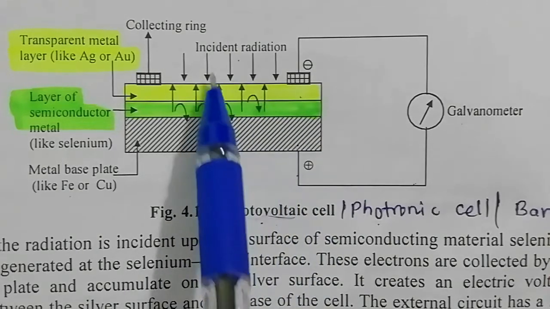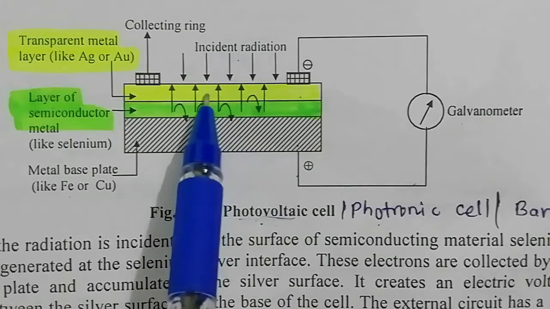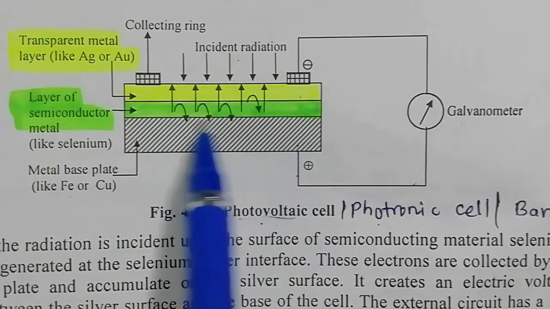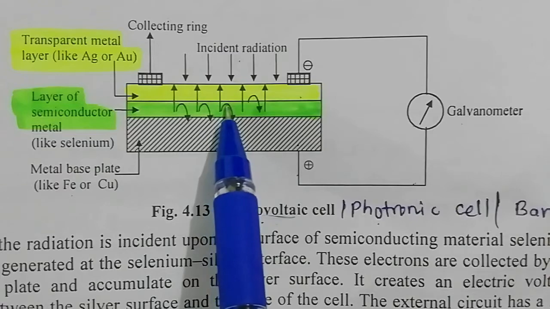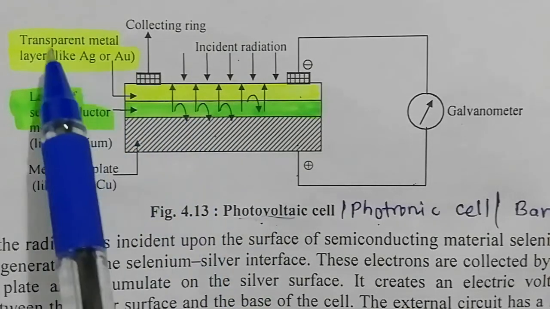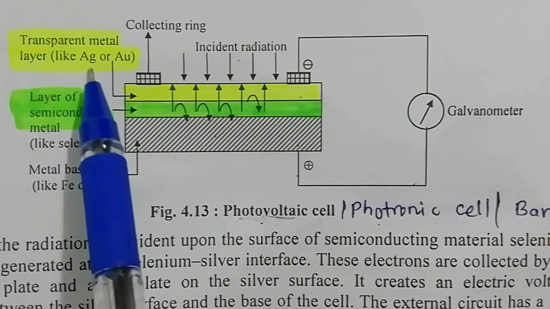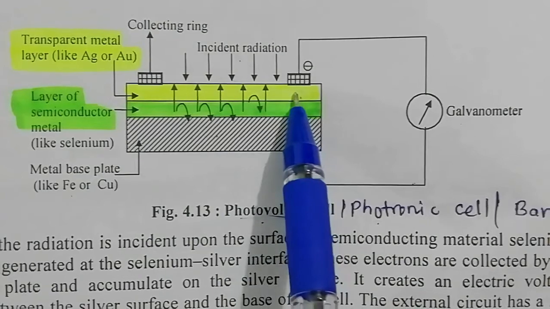Now the transmitted light emitted from the sample holder falls on this semiconducting material, and as soon as the light falls on this material, photoelectrons are generated. These photoelectrons are accumulated over this transparent metal, silver or gold, and this creates the potential difference.